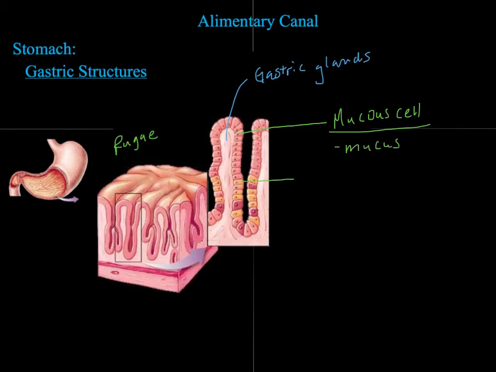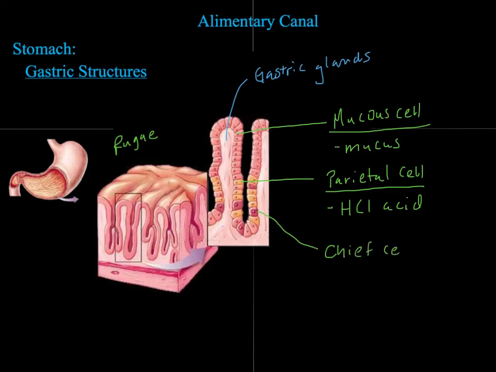And then you have a parietal cell, and a parietal cell produces hydrochloric acid. And then you have the chief cells, which produce pepsinogen.